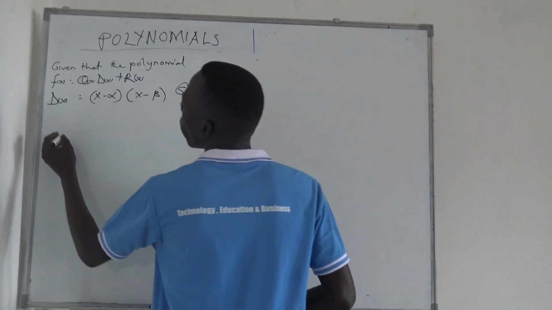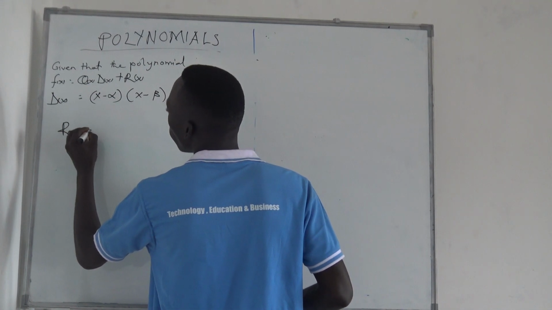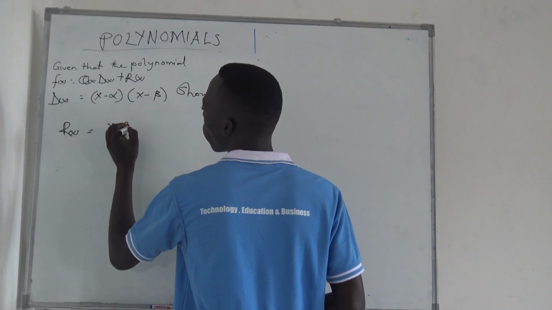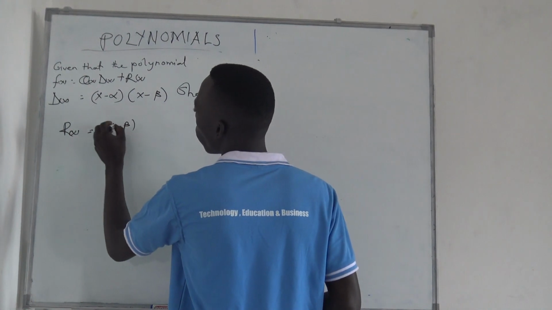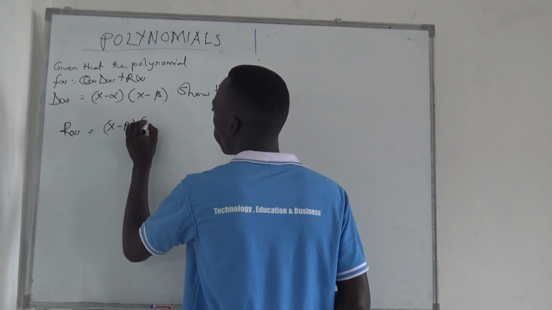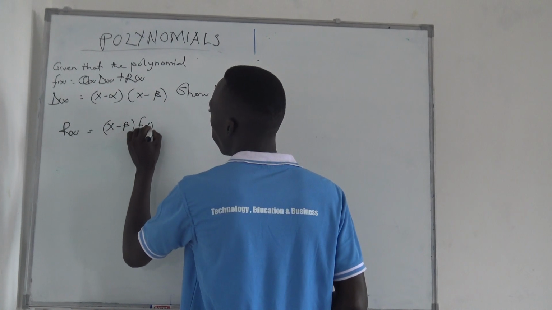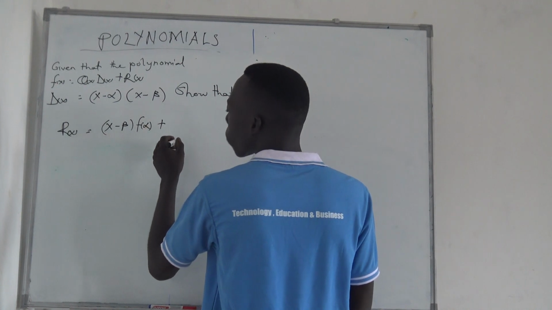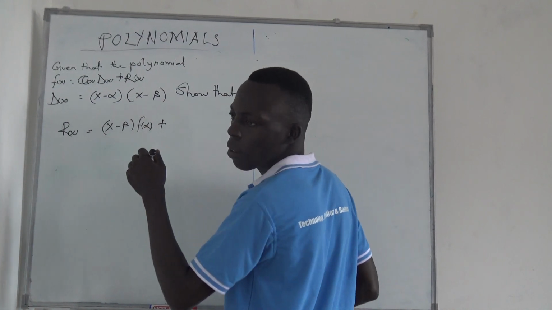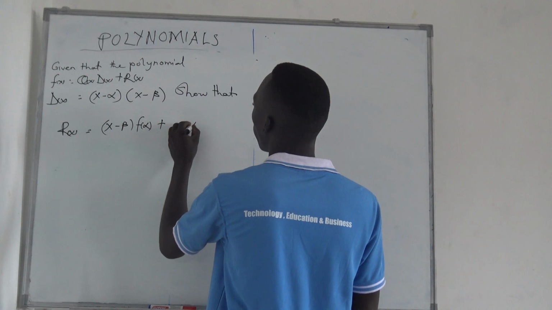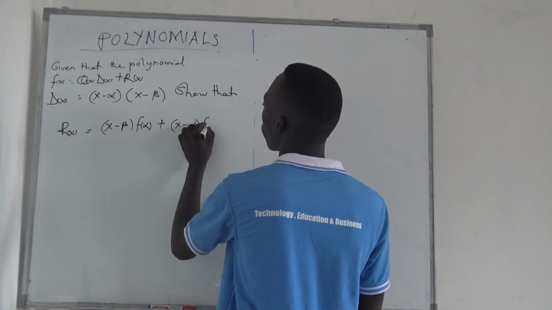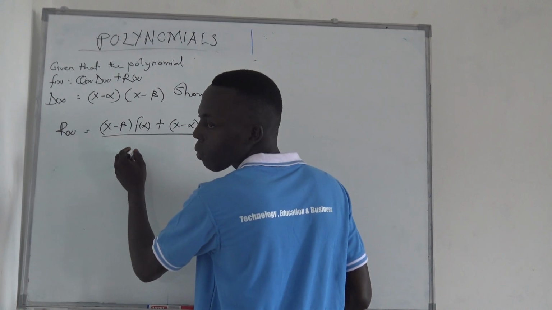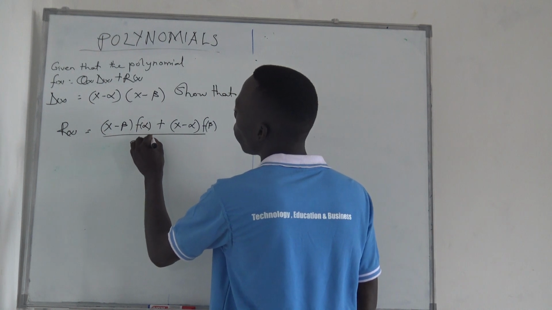That the remainder of x is given by x minus beta times the function of alpha, then plus x minus alpha times the function of beta, all over alpha minus beta.